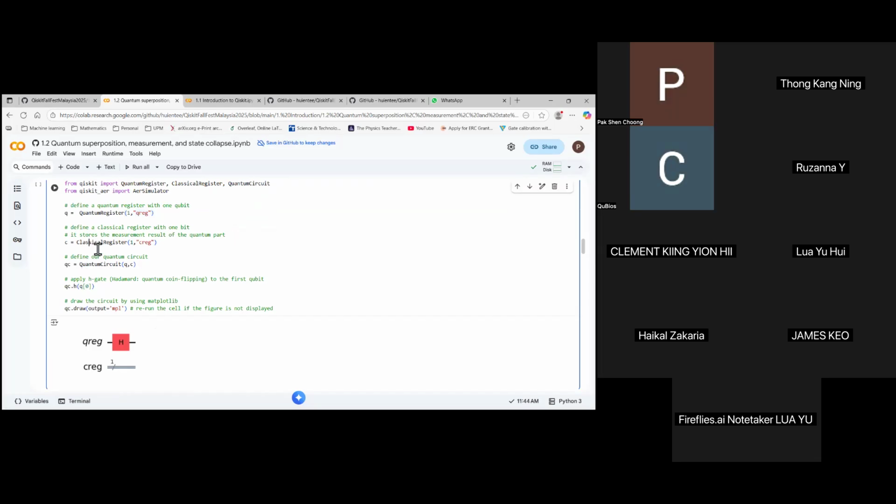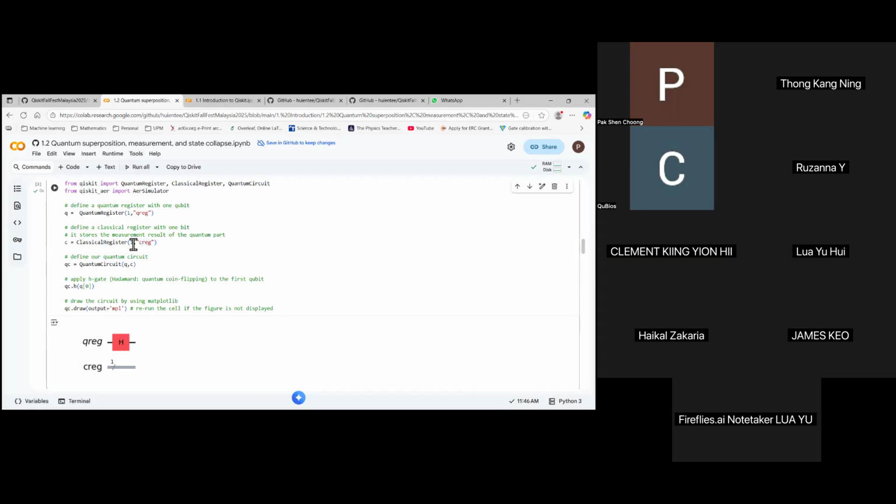For the classical register, when we create a circuit, we have to measure it. By measuring, the qubits collapse into a classical state, and we need something to record this classical state, so we use a classical register. Here I registered one classical bit and named it CREG. Let's run this. Yeah, it's okay.